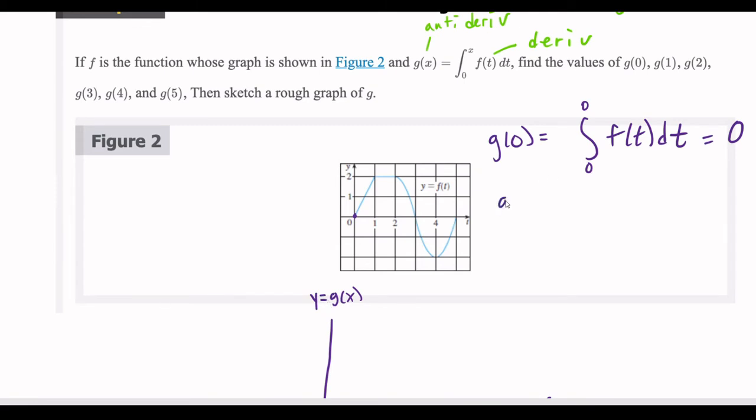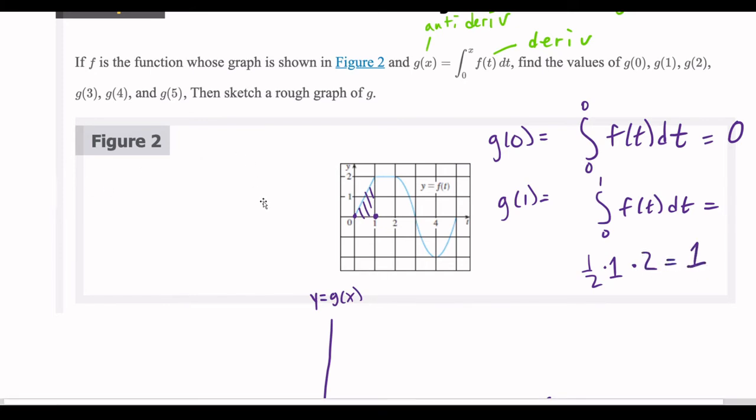So what about g of 1? Well, just plug it into the integral, add up all the area from 0 to 1. Let's do it. Here's 1. I get a little triangle here. That's pretty neat, because I know how to calculate the area of a triangle. It's 1/2 base, the width of 1 here, times height, 2.